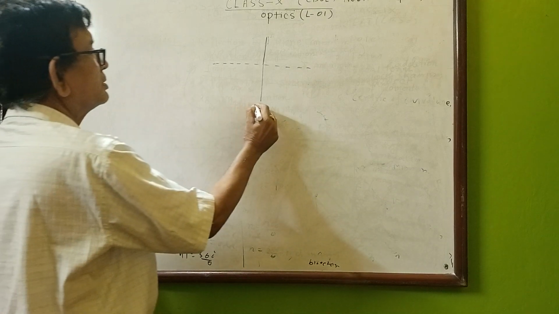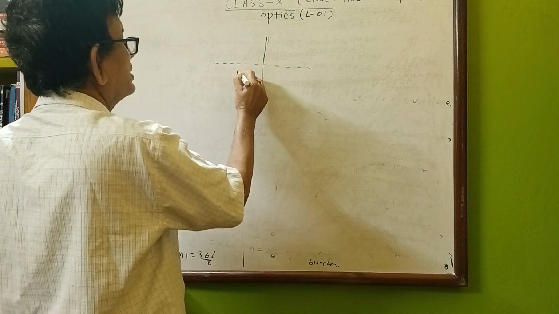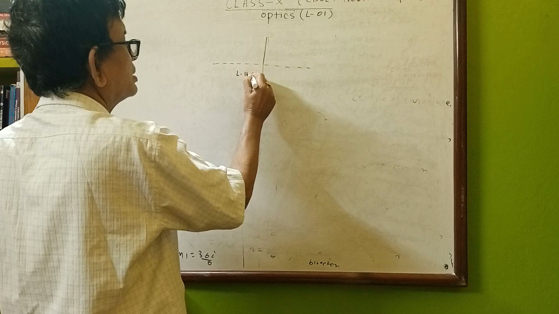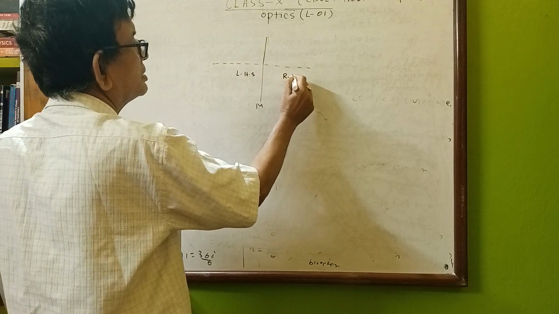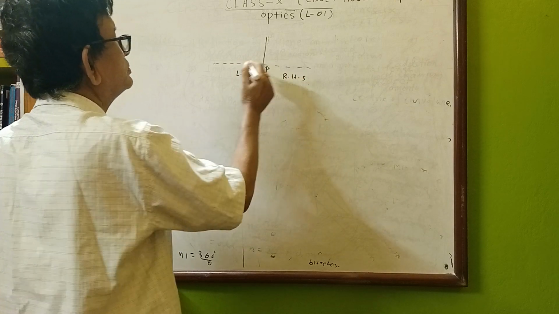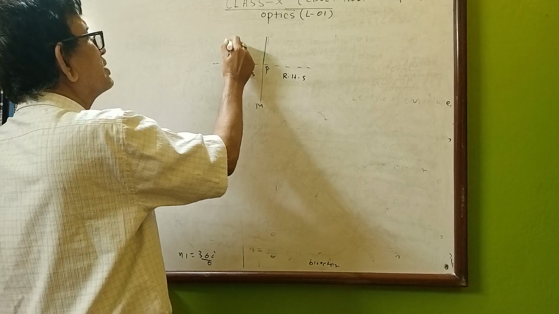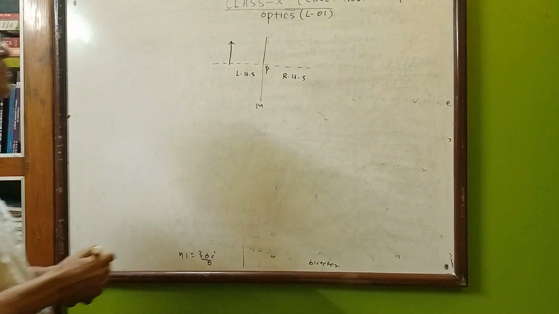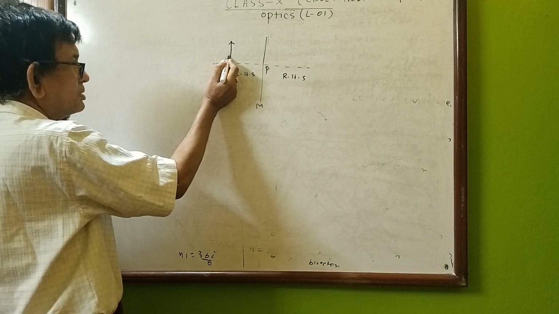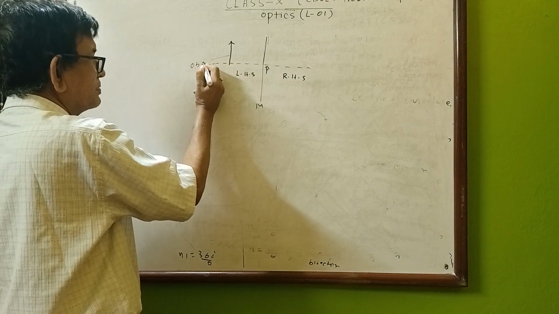This is the mirror. This is the left hand side. This is the right hand side. This is the pole. The object is always taken at the left hand side. This is the object.